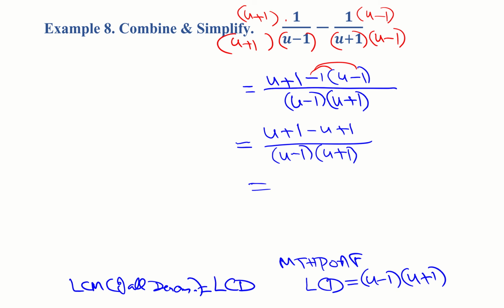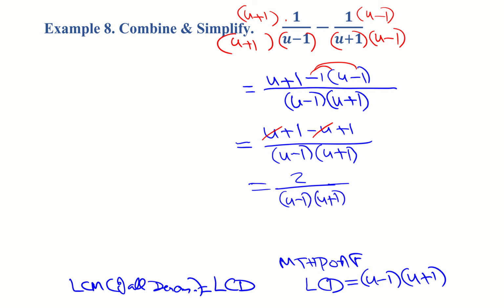We're almost done. We notice that those two terms are going to cancel out because they're opposites. And the two 1s are going to combine to give us 2 over u minus 1 times u plus 1.